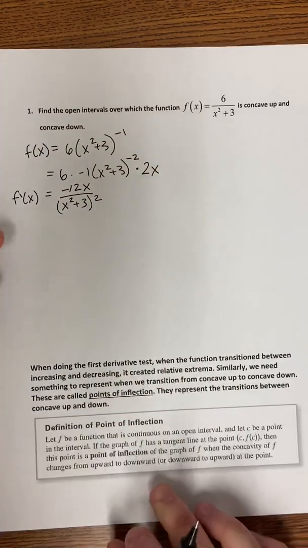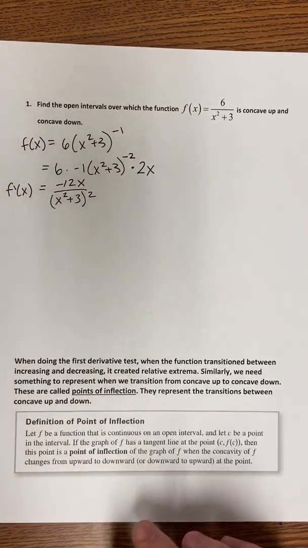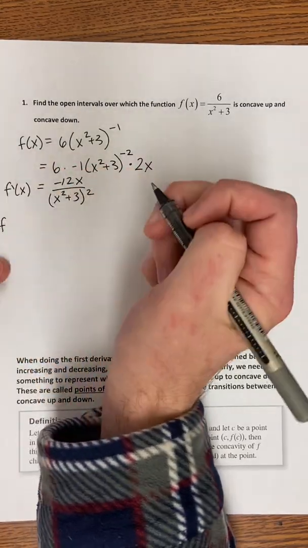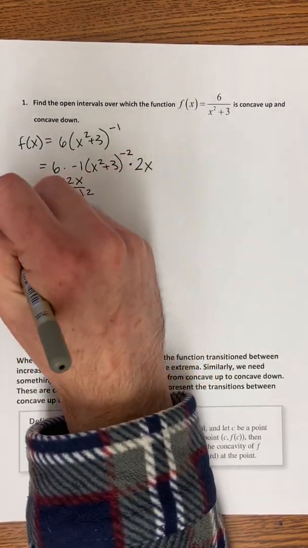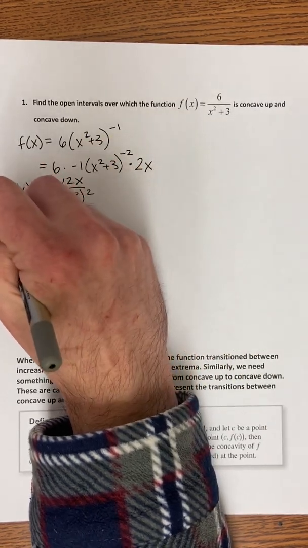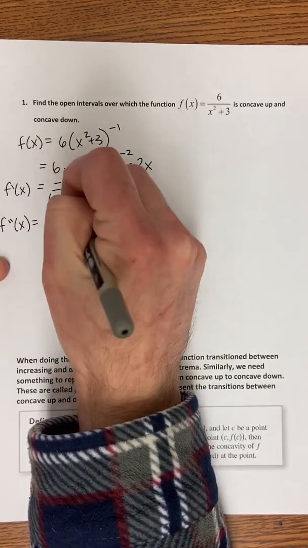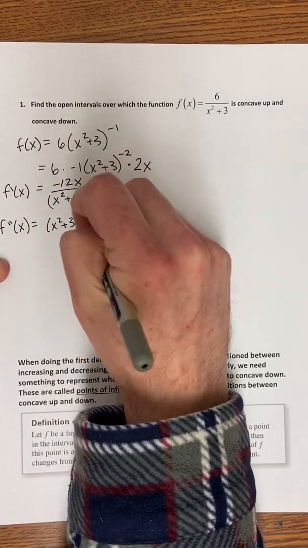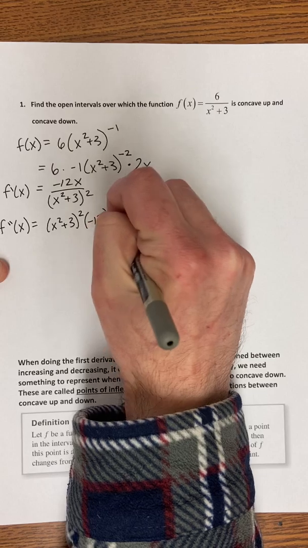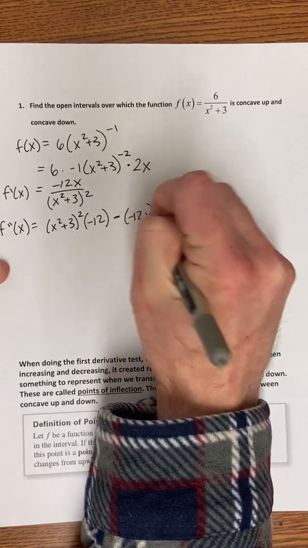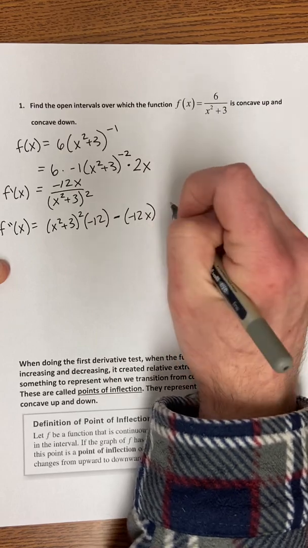Unfortunately, that's just the first derivative, so I need the second derivative, which will require the quotient rule from here, or the product rule if you leave it to the negative second power. We'll go ahead and do the quotient rule. So low, x squared plus 3 squared, times the derivative of the numerator, minus the numerator times the derivative of the denominator, which is going to be chain rule.